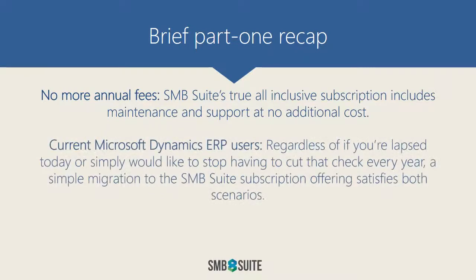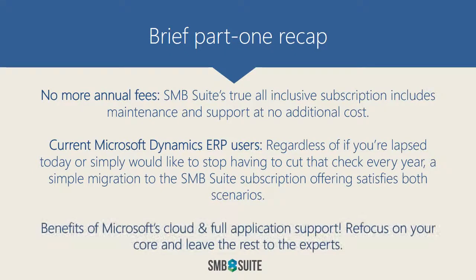By moving over to our model, they can be free from having to pay additional for their annual maintenance fees, which can sometimes be a burden. And then today we wanted to get into the upgrades. By simply migrating to our model at SMBSuite, they will benefit from a free upgrade upon that migration, and then not have to worry about paying additional for upgrades as they go along, staying on the latest version.